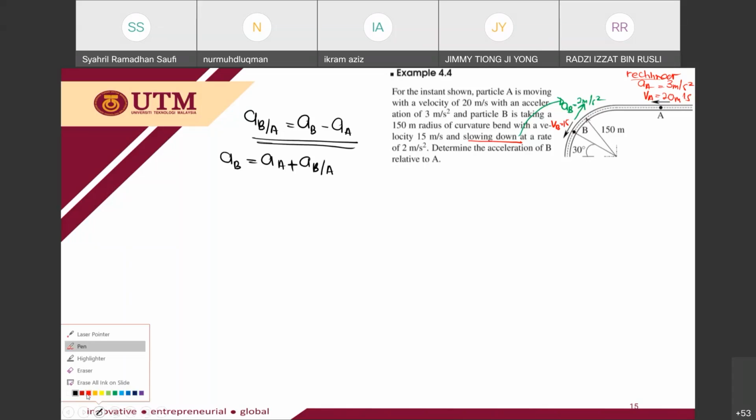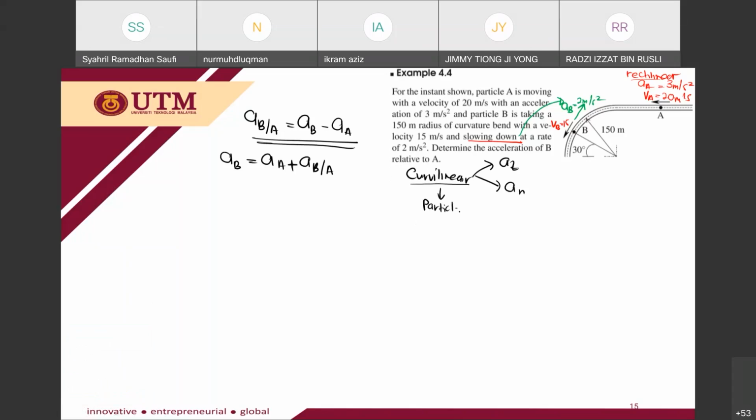The particle that moves in curvilinear motion will have acceleration tangent and acceleration normal, and the curvilinear motion only happens for particle B. So you need to determine what your AT and AN would be, and substitute AT and AN into this equation.